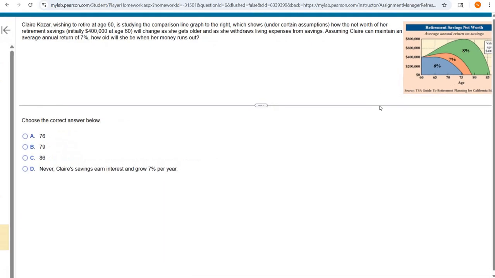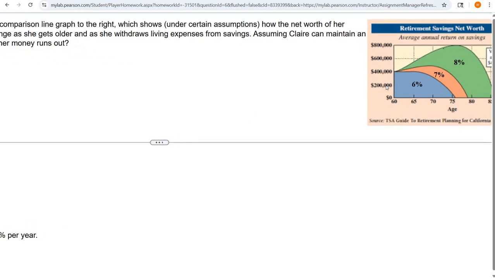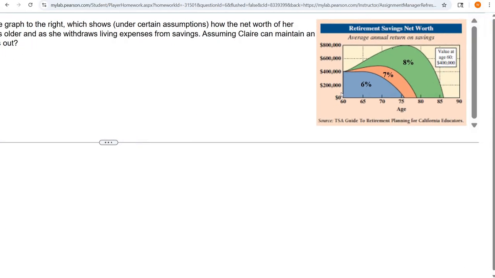We could look at what's happening here in this graph first. It looks like this is money that they have, and this is an annual rate of return. So a 6% return, 7% return, 8% return. And this is showing the value of the account at her particular age, right?